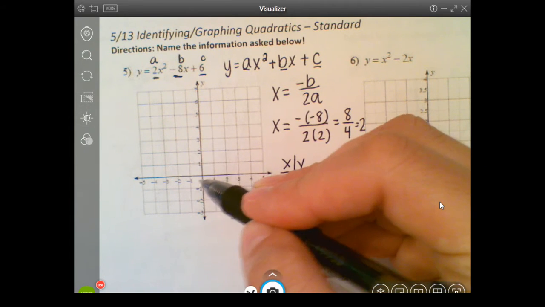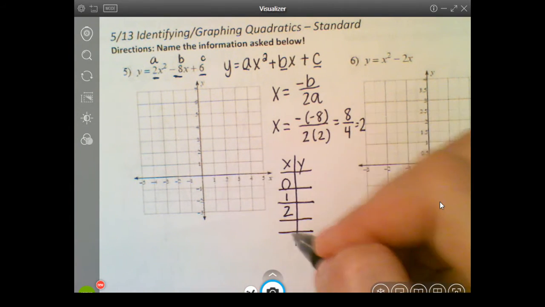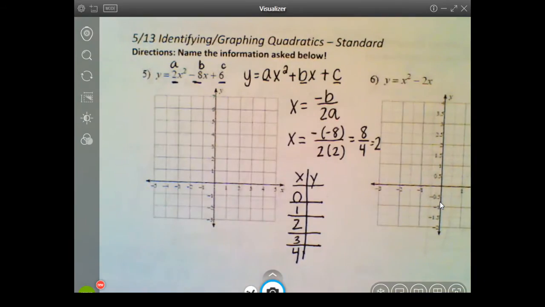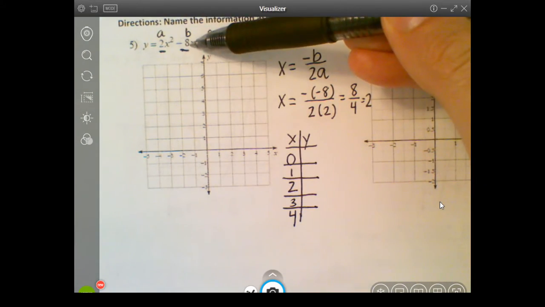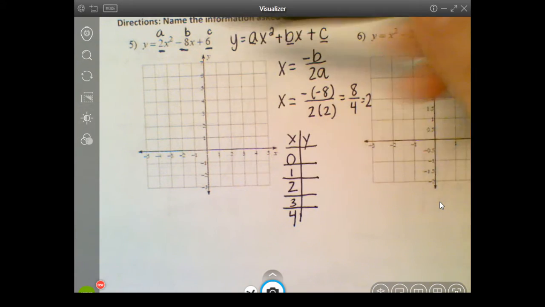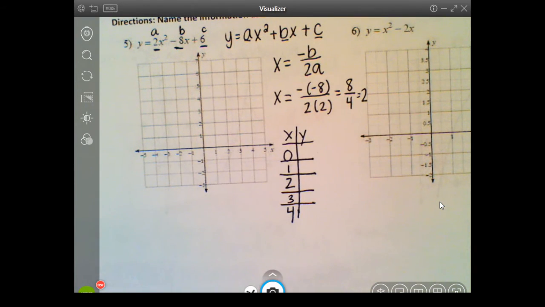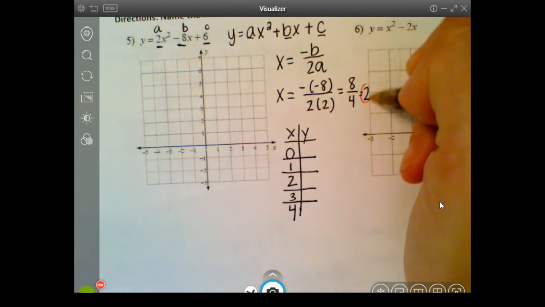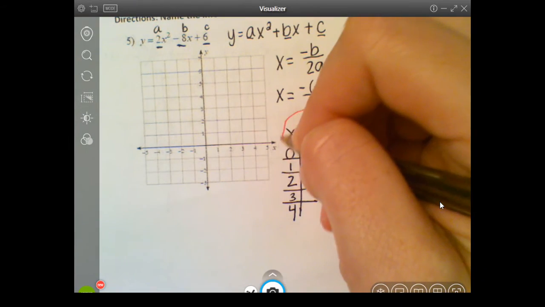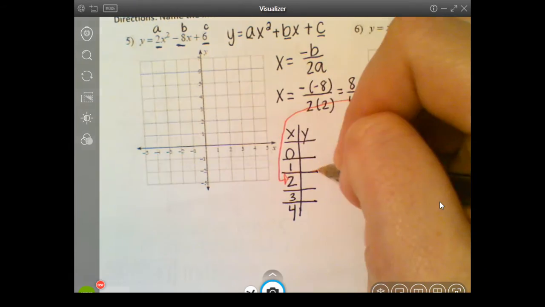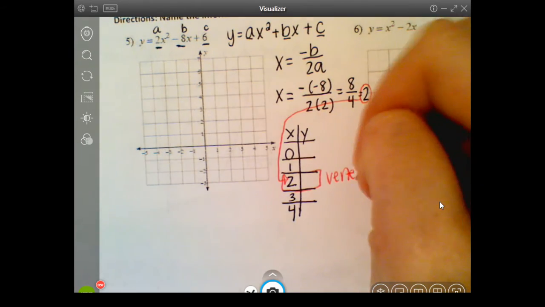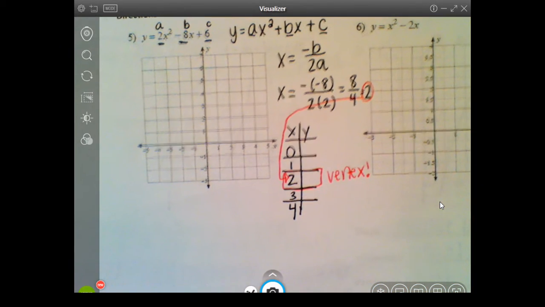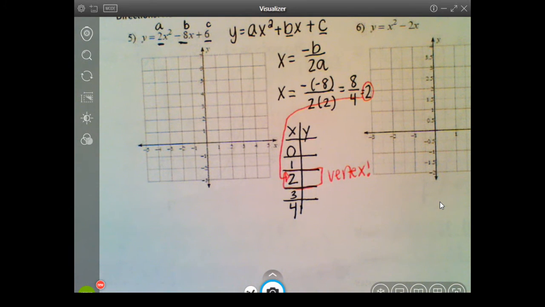If I go this way 2, and then I'm going to go this way 2, so 3 and 4. So what that means is I need to figure out if I plug a 0 in for x, what's the y? If I plug a 1 in. So what this 2 did, once you use this formula, is that is what goes in the middle. And this is going to be your vertex. So it's going to be either the maximum or the minimum.